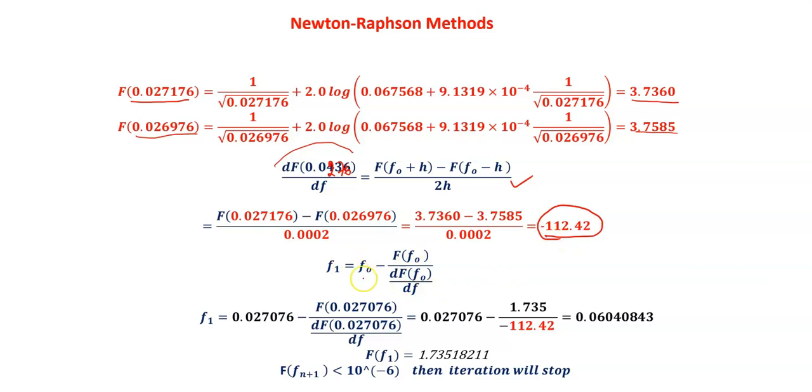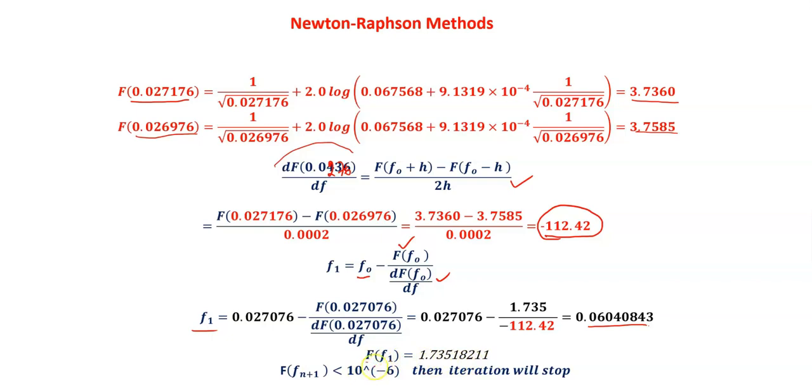Okay, now using Newton-Raphson method, we know the initial value again. So from that we can calculate f1. So f1 is nothing but 0.0604083, right? Now if you calculate F of f1, that will give 1.73518211, right?